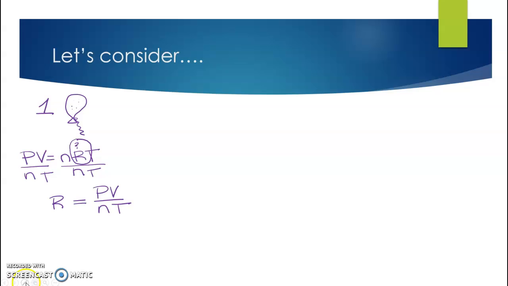Now, let's say something about the situation with my gas changes. So this is going to be situation 2. I let in some more air, so I have more n. The temperature of the room really goes up dramatically. Maybe the pressure changes. So I'm going to have this new situation. I'll draw my balloon a little bigger.